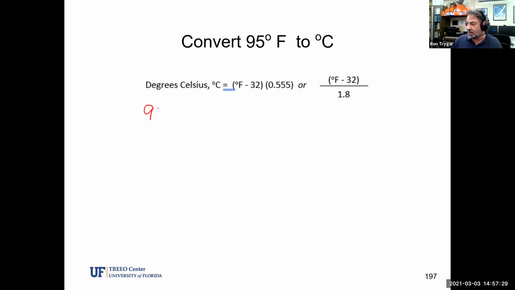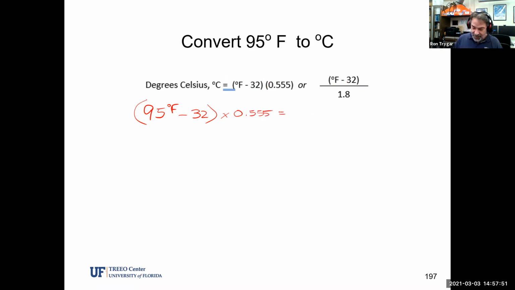And let's do the parentheses first here. So it's minus 32, in parentheses. And then for the first example, we multiply by 0.555.